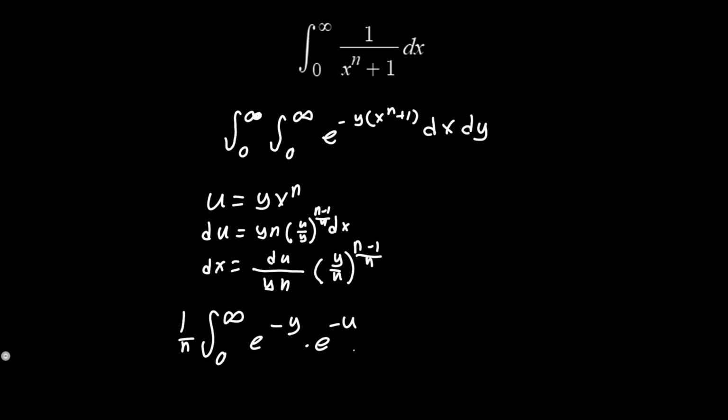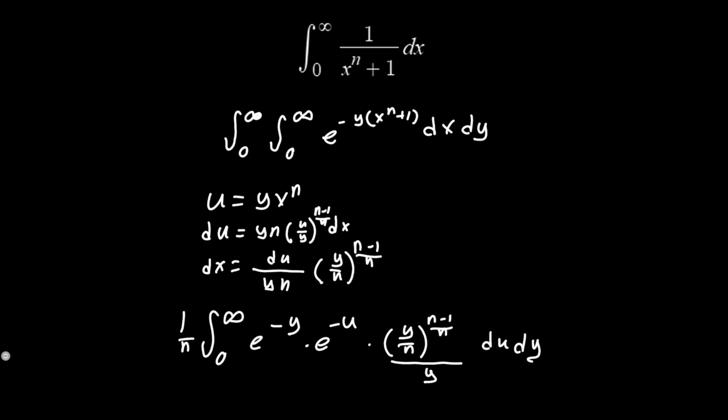And it is also going to be times, let's see, how do I write this? Okay, so we have y over n, n minus 1 over n, over y, and we have du dy.